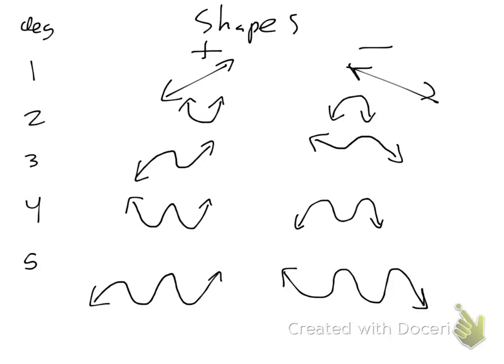The rule is the number of changes is always 1 less than the degree. So if I had a 10th degree and it's positive, it's going to follow that both ends are going to be up, right? Because it's even and it's positive, but it'll have 9 changes on the way to get to the other side. That's what we're trying to get at with this picture here.